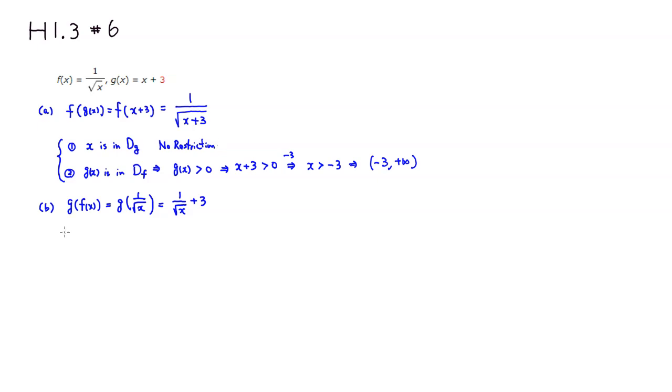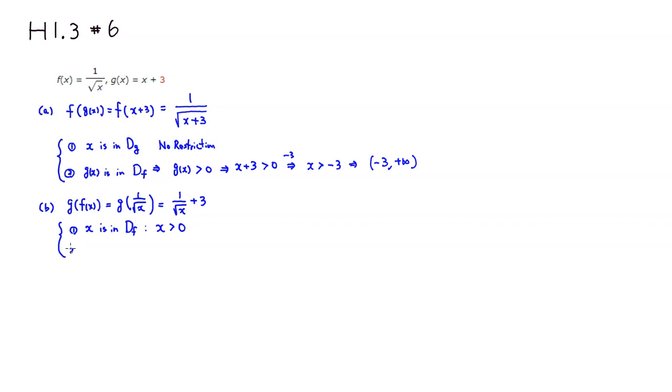Then in order to find the domain, we again do the same thing. We have to make sure that x is in the domain of the inside function, in this case the domain of f. The domain of f is x greater than 0. 0 is not good, it has to be strictly positive.